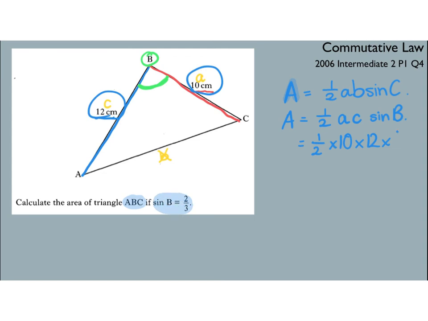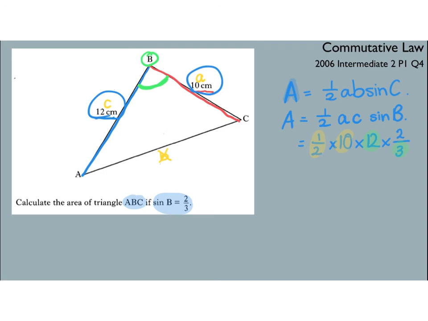So remember, we just pop 2/3 into there. Same idea as I've looked at before, half. What could I half? I could half the 10 or I could half the 12. But remember, I'm going to be working in thirds here as well. So is there a number there that I can share by 3? 10 can't be shared by 3, but 12 can. So I'm going to pair them up together, so I'll do a half of 10.